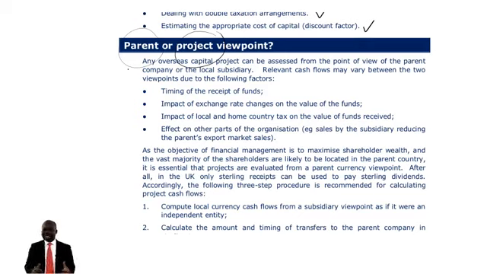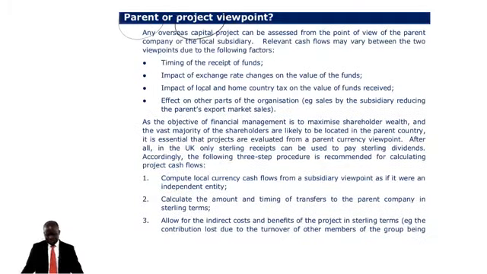So all that chapter or heading is telling you is to calculate the NPV, or appraise the project, with respect to the currency of your parent company, not the project. So don't calculate it in terms of the euro, calculate the NPV in terms of pounds, because my company is based in the UK. So have a look at that.